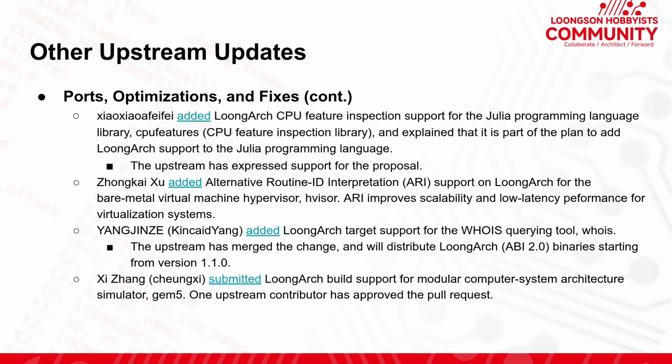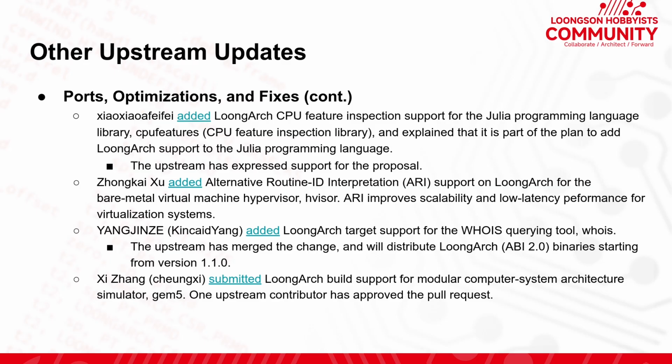Xu Zhongkai added alternative routing ID interpretation support on LoongArch for the bare metal virtual machine hypervisor, HVisor. ARI improves scalability and low latency performance for virtualization systems. And Yang Jingze added LoongArch target support for the Whois querying tool.